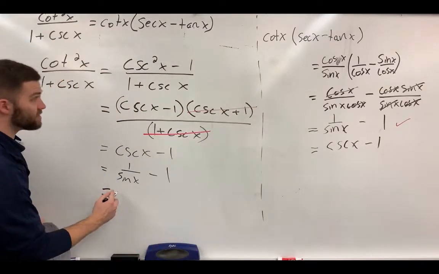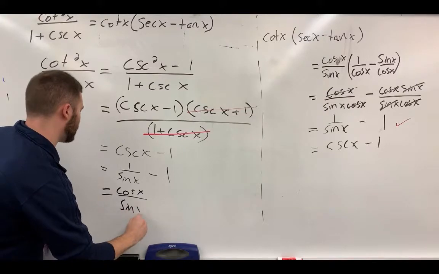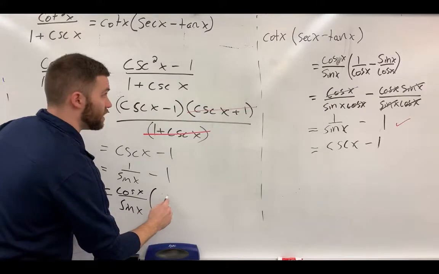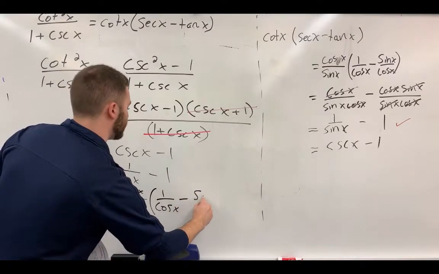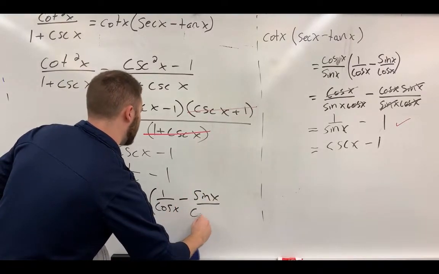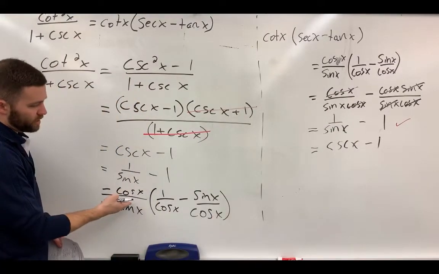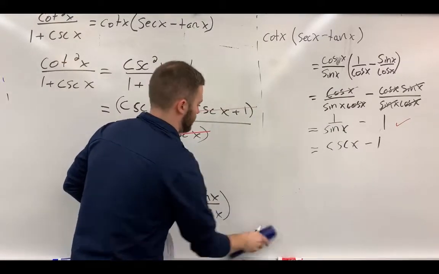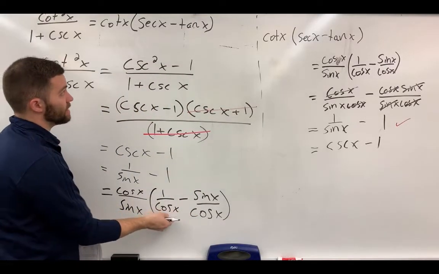So this is cosine over sine times 1 over cosine minus sine over cosine, like that. And this is bad form, but you can pretty clearly see that this is going to jump to cotangent times secant minus tangent.